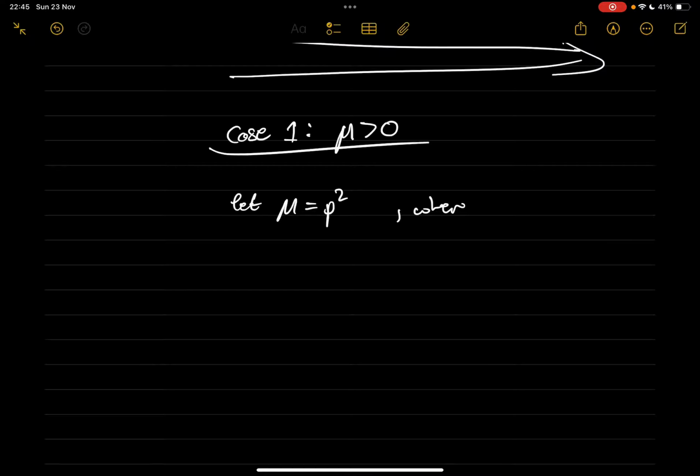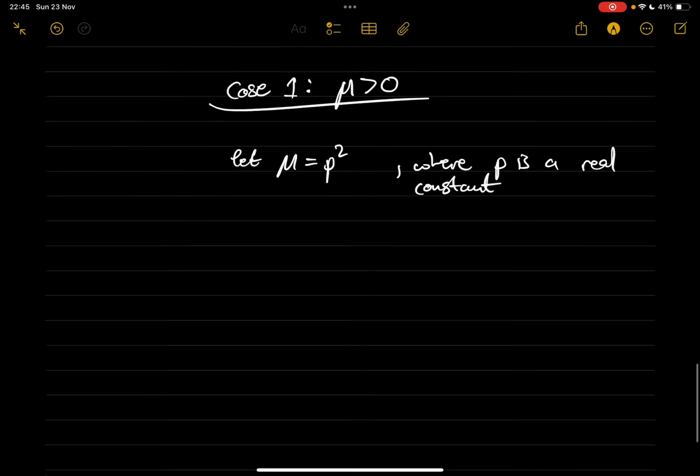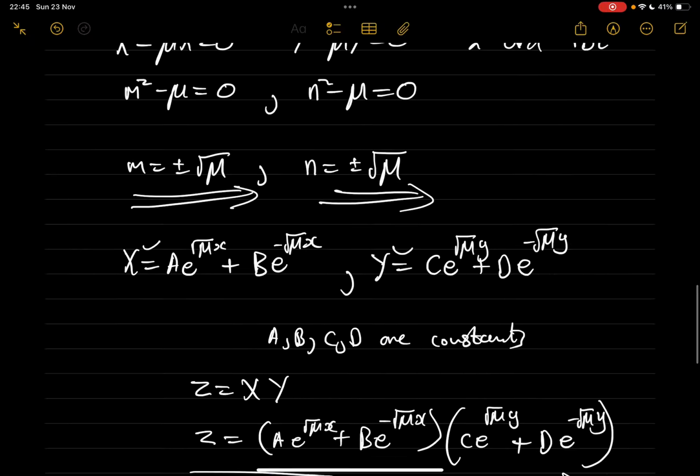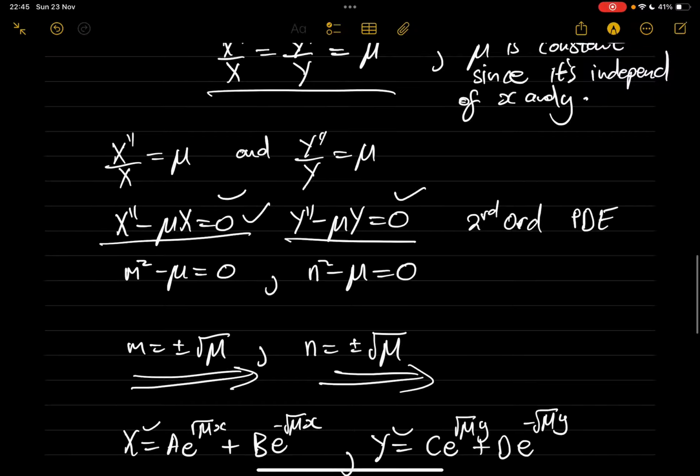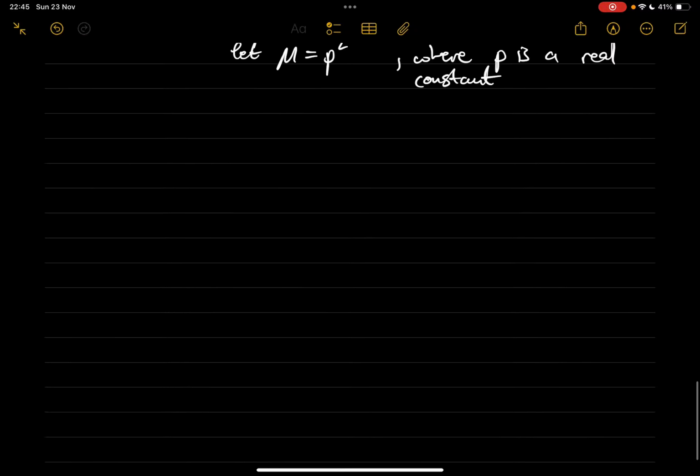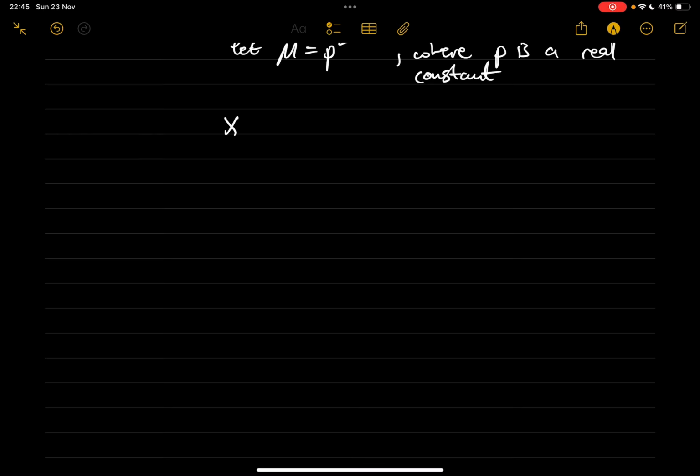where p is a real constant. So if mu is equal to p squared, you go back to these two equations, and where there's mu, we substitute p squared. So we have X double prime minus p squared X equals 0, and Y double prime minus p squared Y equals 0.